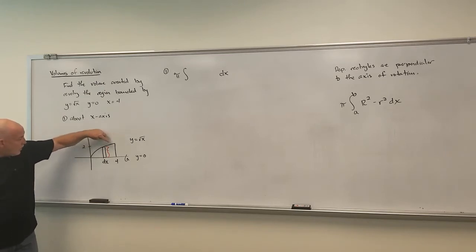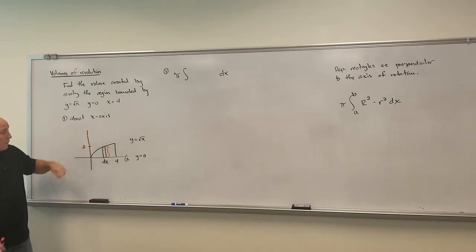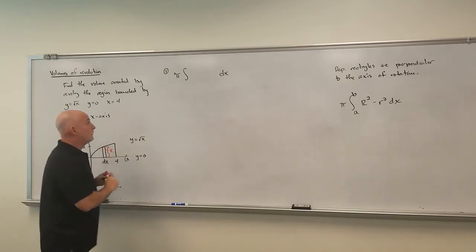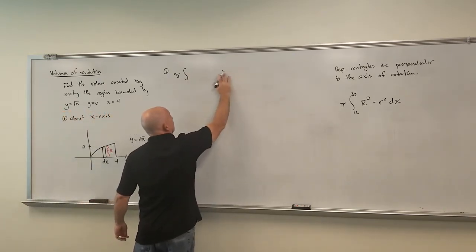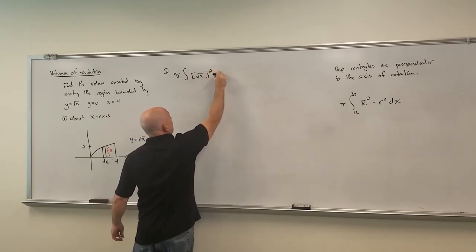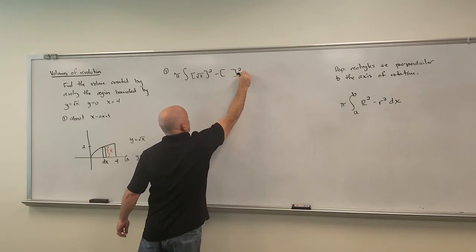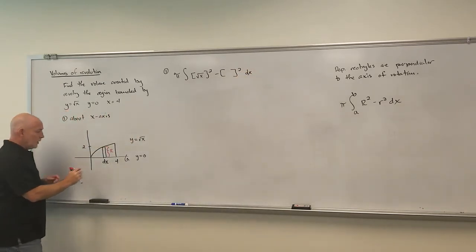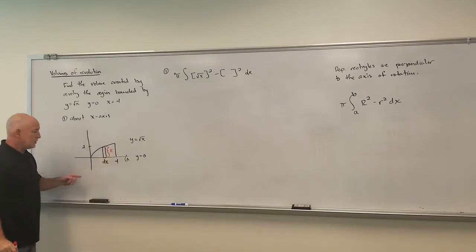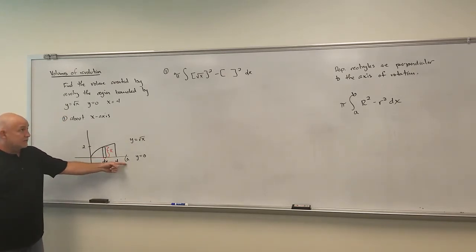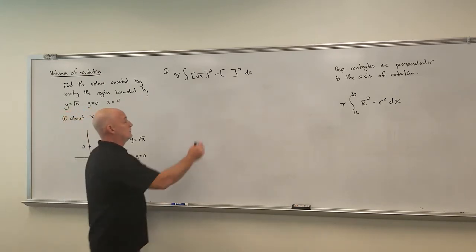Well, it's whatever that y value is on that curve. So big R is just the curve itself. So that's going to be, I'm going to move that dx over a little bit, that's going to be the square root of x squared. Our little r is the distance from the axis of rotation to the inside edge. Well, since the inside edge is touching the axis of rotation, that is 0.